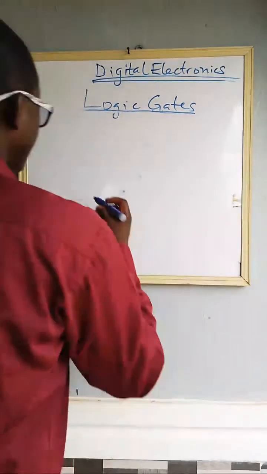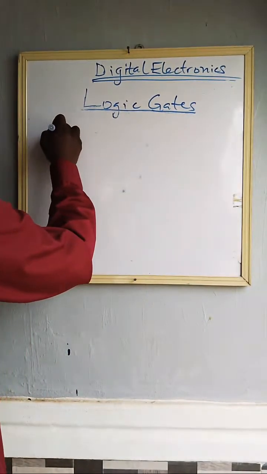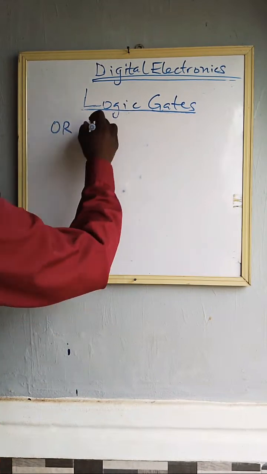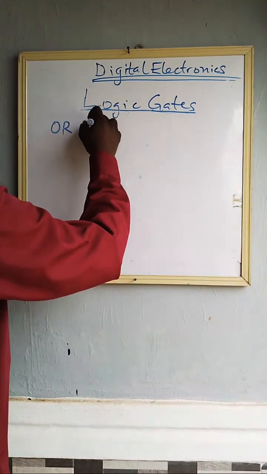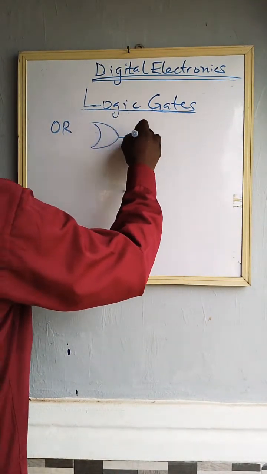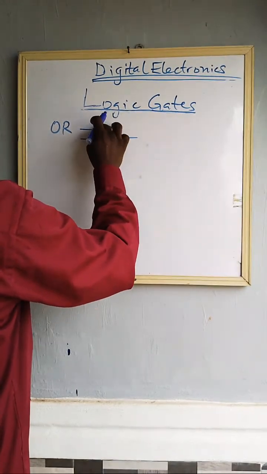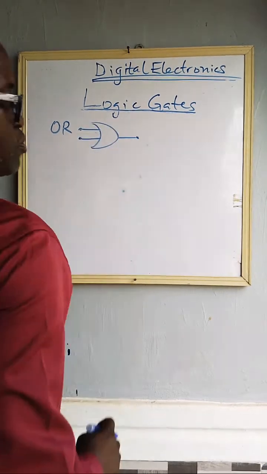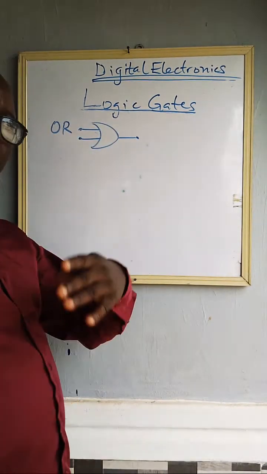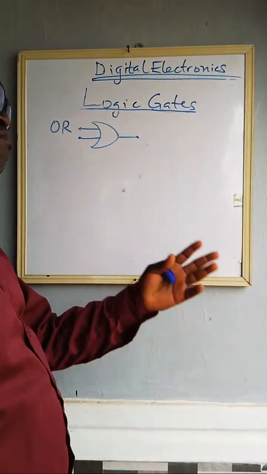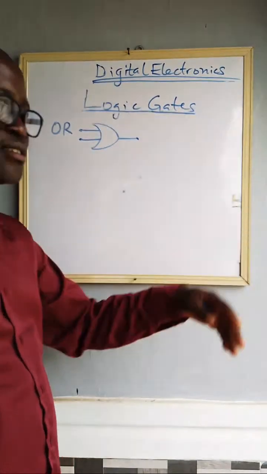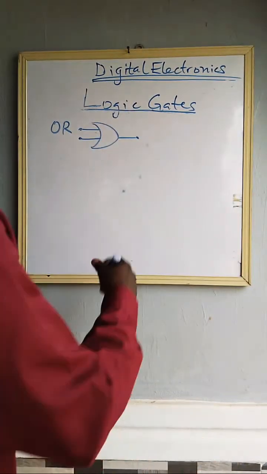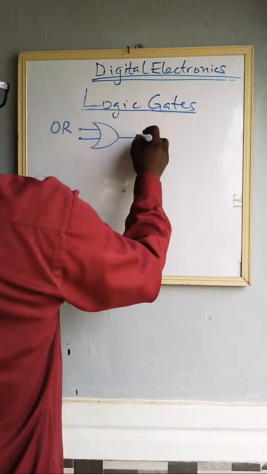So we have the OR gate, OR function. That is the gate that looks like this. This is simply the basic one with 2 inputs and 1 output. Like I said, we can have multiple inputs, 3 inputs, 4 inputs, even 5 as the case may be. It can be more than that depending on what you are constructing.